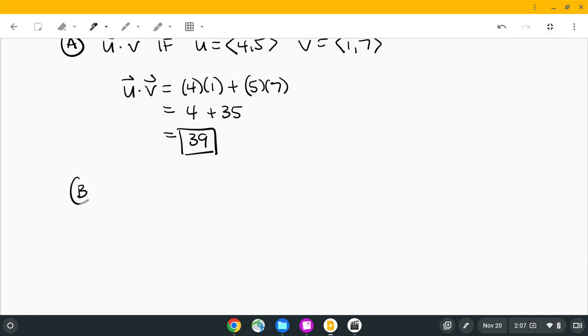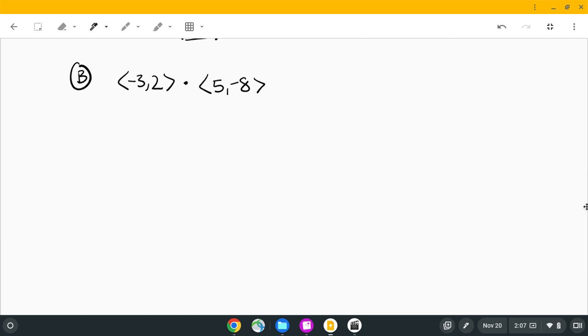Try this one. Suppose that we have these two vectors, -3, 2, dotted with 5, -8. Go ahead and hit the pause button and then come back and see if you get the same answer. All right, so we're multiplying -3 times 5 plus 2 times -18.